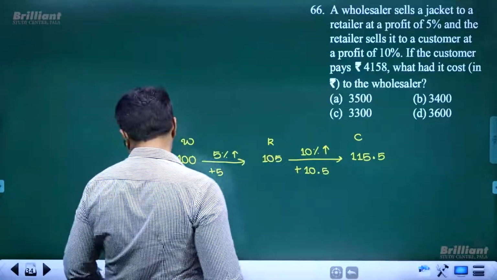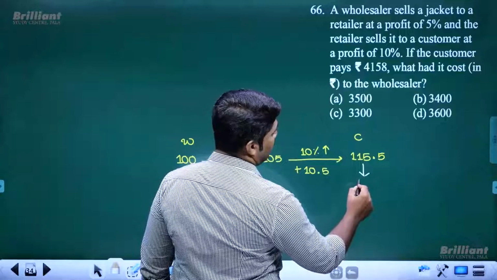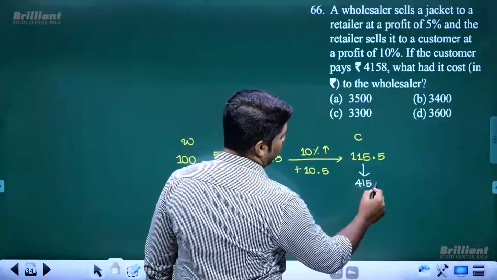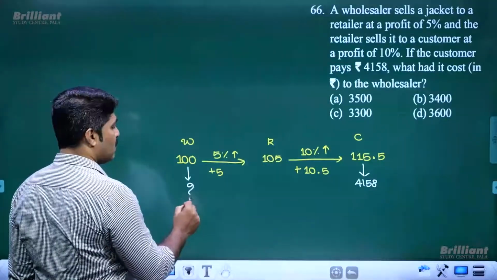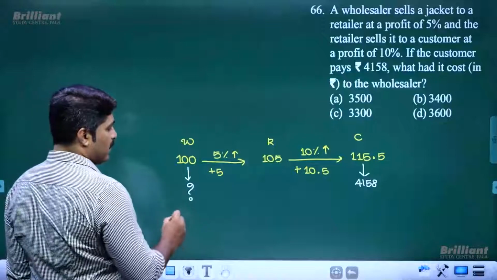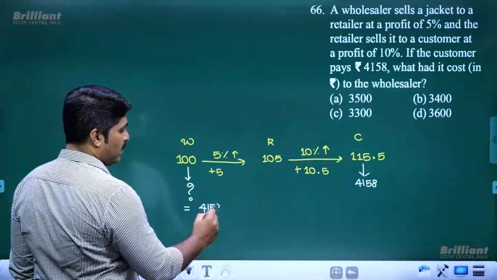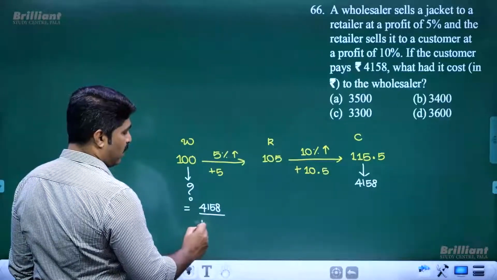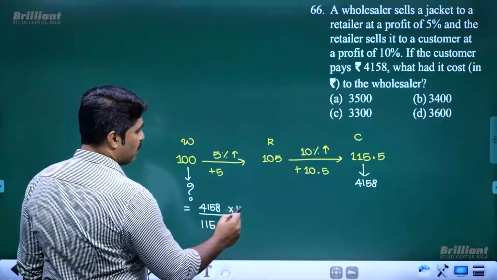Then, if the customer pays 4158, what is the cost the wholesaler spent here? That means this 115.5 value is 4158. Then what does this 100 represent? That's a simple trick. How to solve it? The required cost will be equal to 4158 divided by 115.5 into 100.